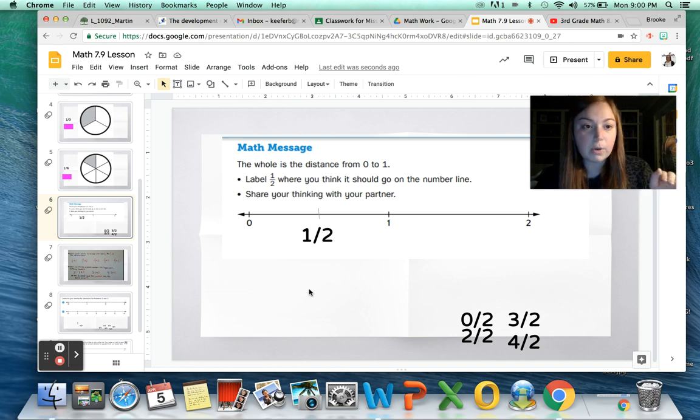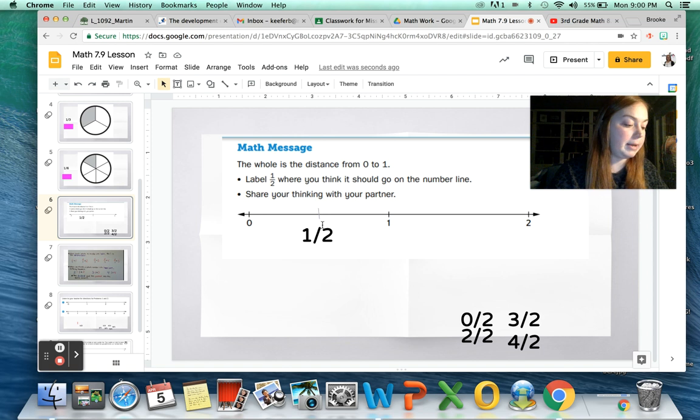It's not just showing 1, it has 2 whole fractions on it. 0 to 1 is 1, 1 to 2 is also 1. So in this case, it just wanted you to separate or find the 1/2 benchmark between 0 and 1, which would be right about here. Again, it's not perfect, but as long as you can tell it's about halfway, then that's what you want to do for your workbook, okay?